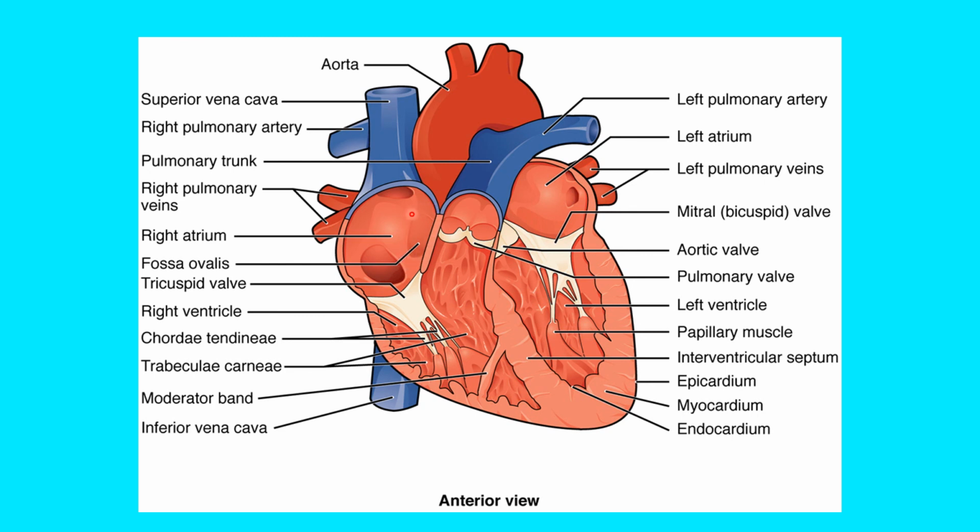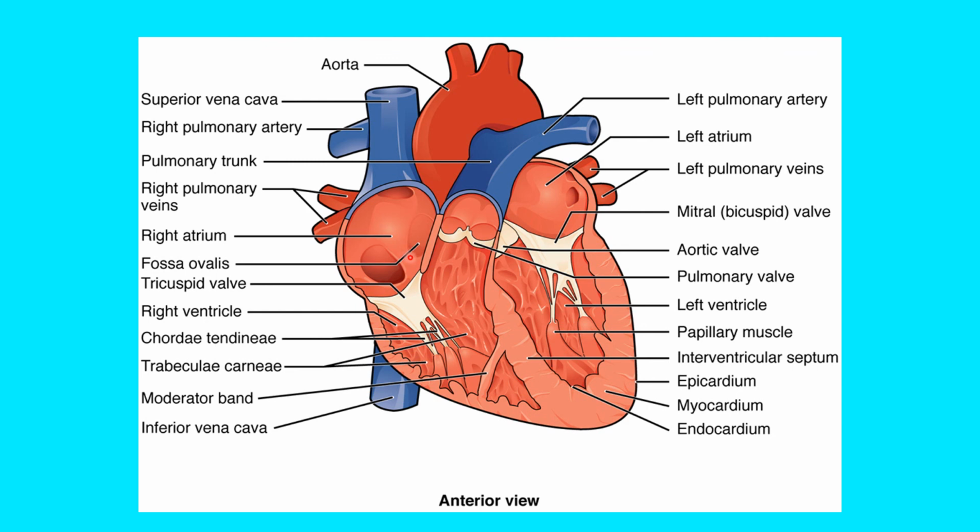But just so you know, during fetal development, prior to birth, there's a shunt, basically. There's an opening between the right and left atrium that allows blood essentially to bypass the lungs, because the fetus isn't using the lungs, it's getting oxygen from the mother. And so there's this bypass here.